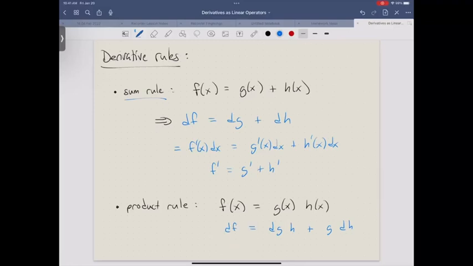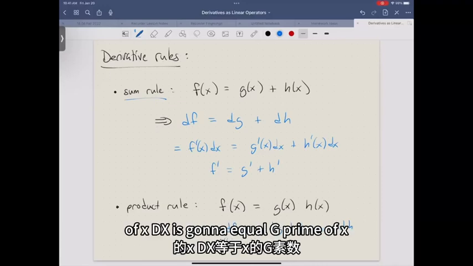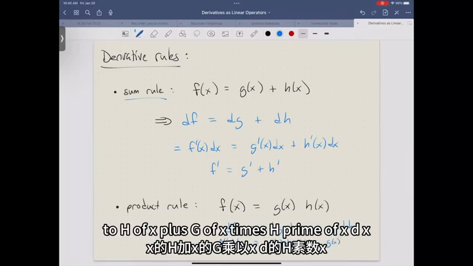So if you think about what this means in terms of f prime, f prime of x dx is going to equal g prime of x dx times h plus g of x times h prime of x dx.